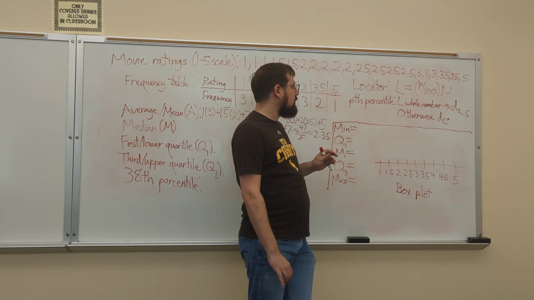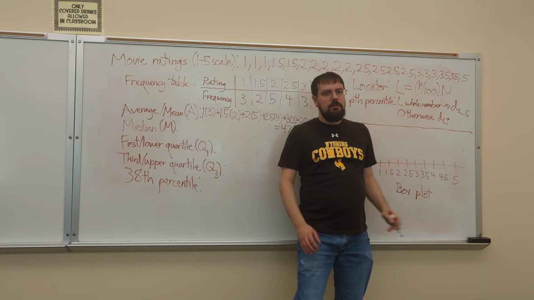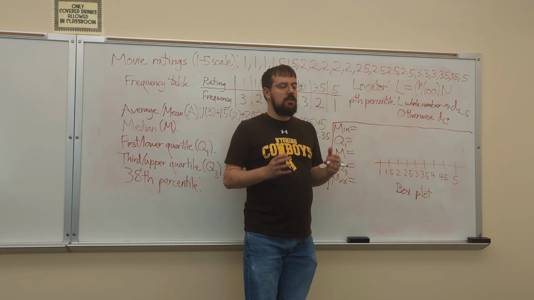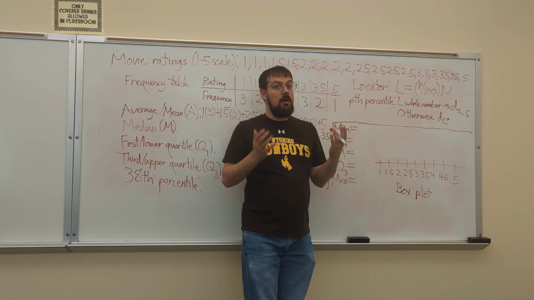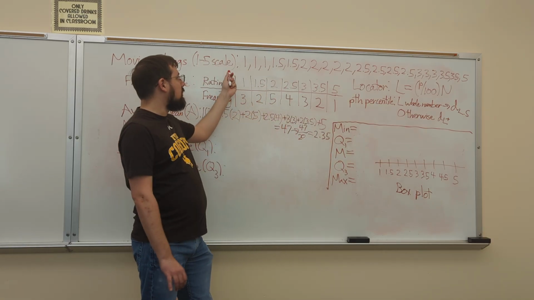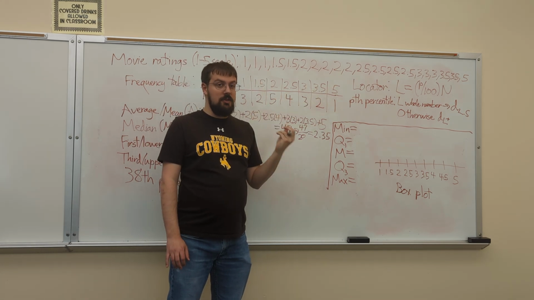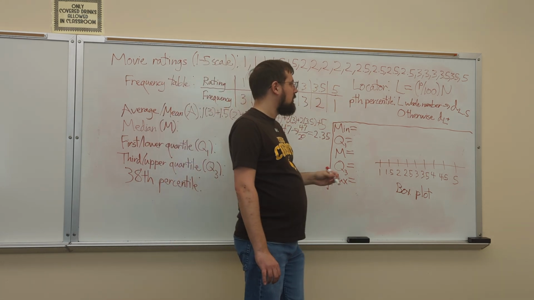So, say we wanted data point number 3.5. We would do the average of data points 3 and 4. Now, it's important when you're doing these locators that you have all of your data points ordered from smallest to largest, otherwise this won't work.